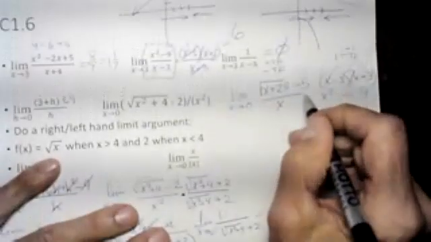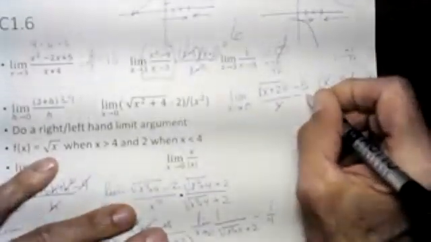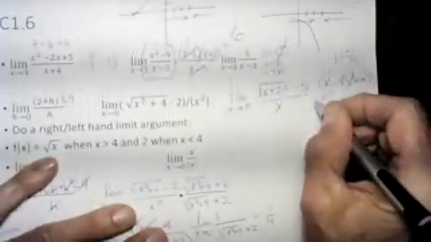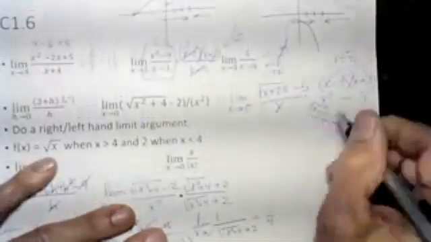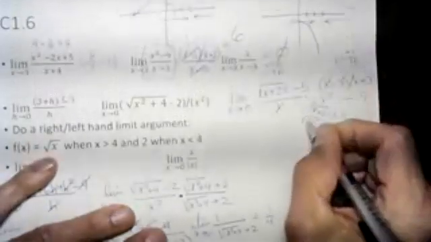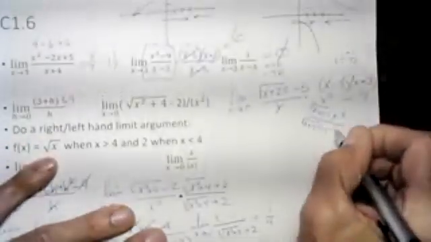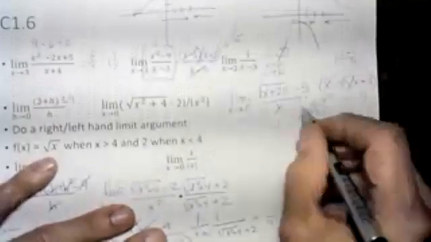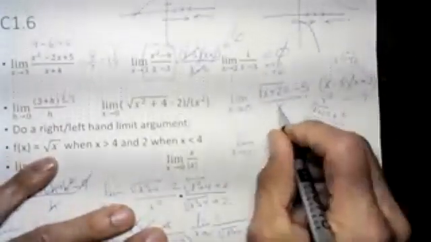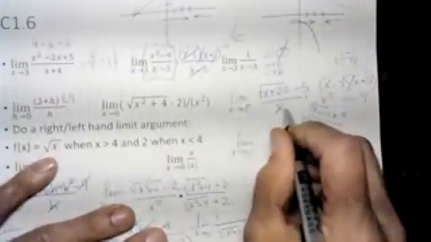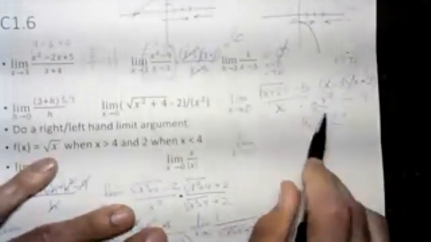For this one up here, I would multiply top and bottom by the conjugate, which is going to be root x plus 25 minus 5 and plus root x plus 25 plus 5. On the top, we have the limit as x goes to 0. Once again, the issue is because x can't go to 0, you get illegal division by 0. The roots go away.